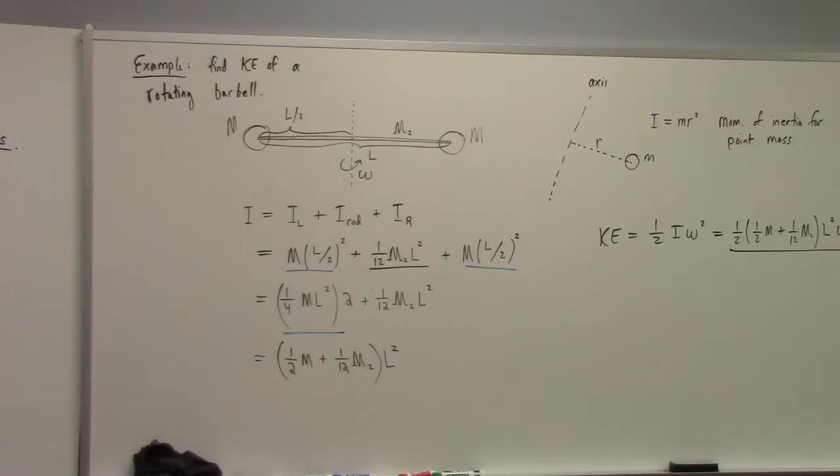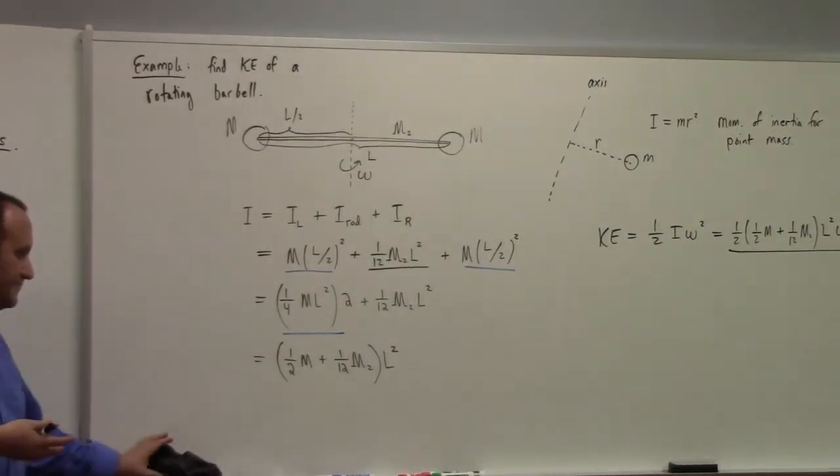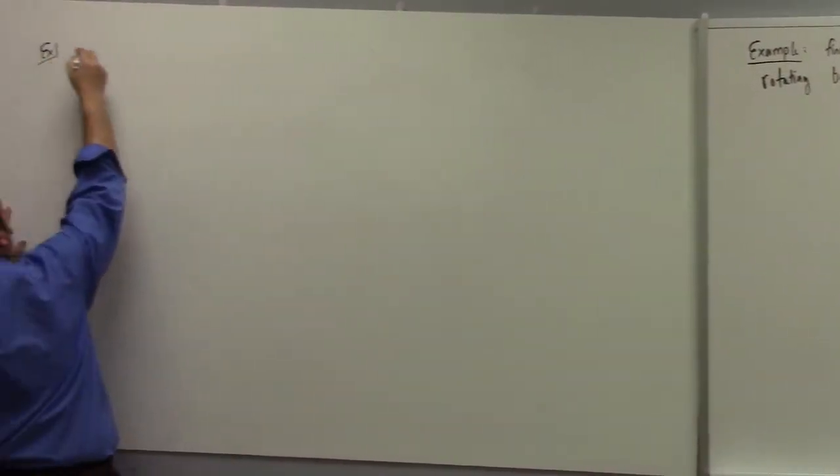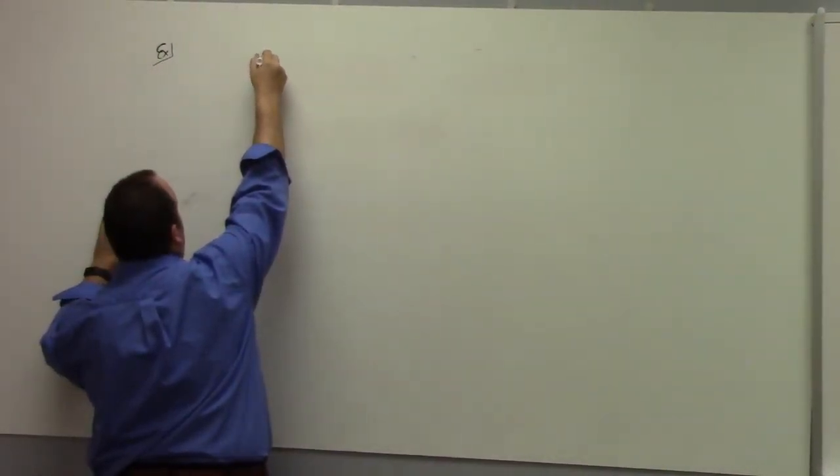Let's look at a different problem that's kind of like this, but a little bit different. It's more like one of your quiz problems, so maybe it'll help you. I want to talk about how to find the moment of inertia of, well, actually, let's do something a little more interesting. This one's going to be a problem of dynamics, so I'm going to talk about the Atwood machine.